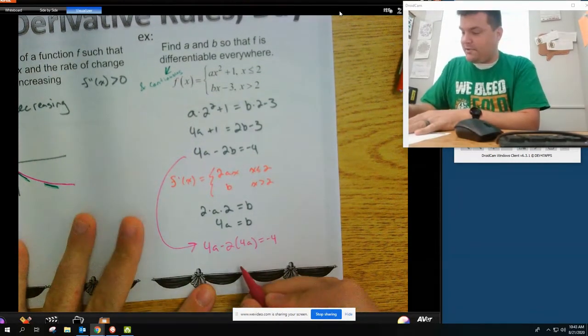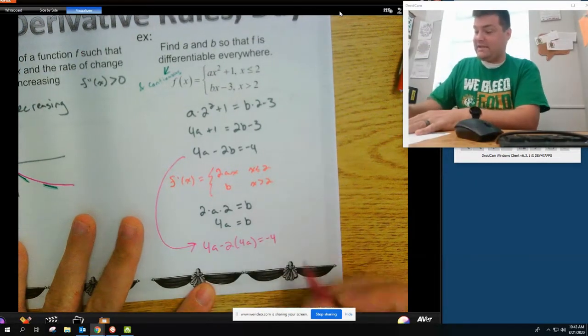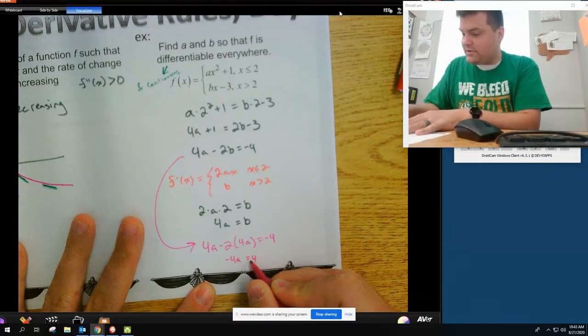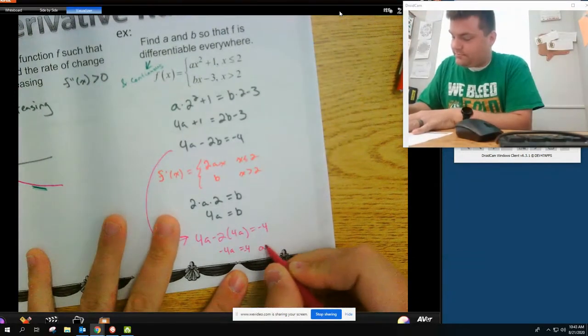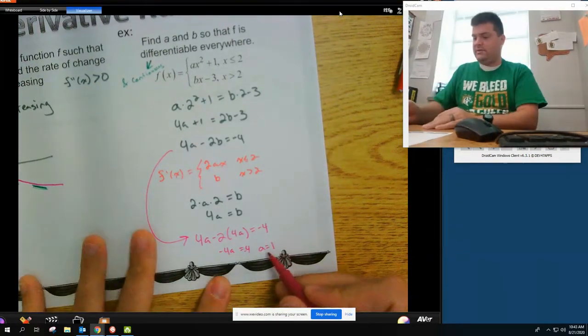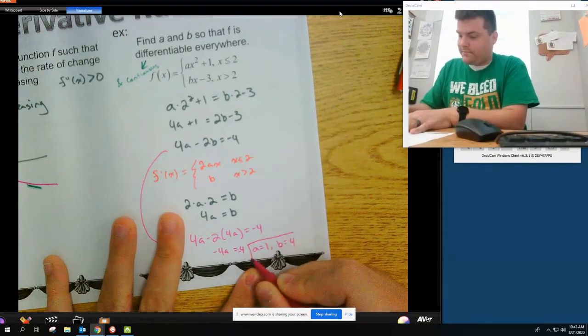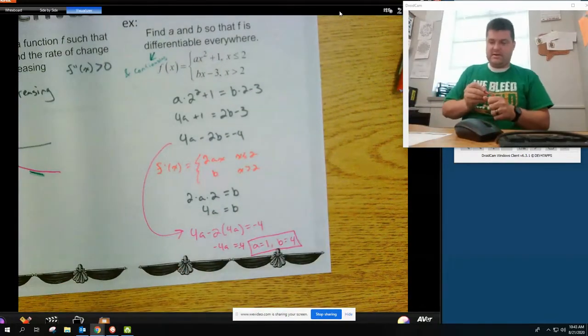So I'm going to end up here with, I believe, -8. So 4a minus 8a is -4a equals -4. So a is going to equal 1. And if a equals 1, plug that in, you're going to get b to equal 4. So now a is 1, went up here, plugged it back in, got b is 4.